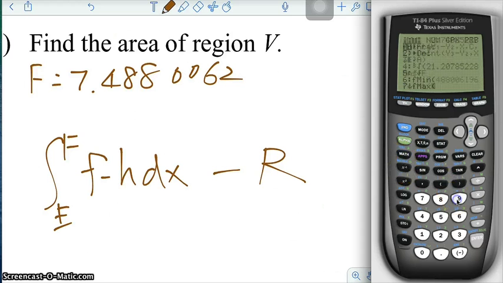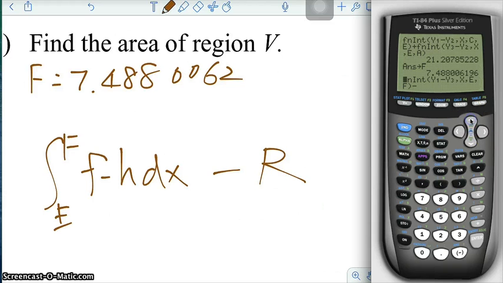Math, integration, F minus H, remember H is our third one. With respect to x, the lower limit is going to be E, so type in E. The upper limit is going to be F, so type in F, close this, minus, let's scroll up.